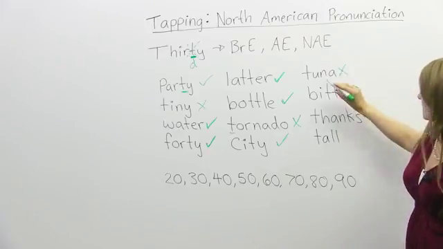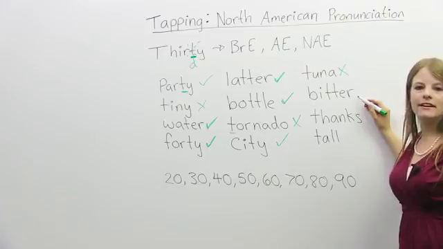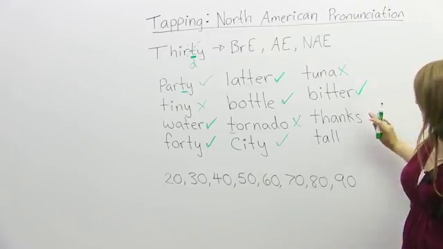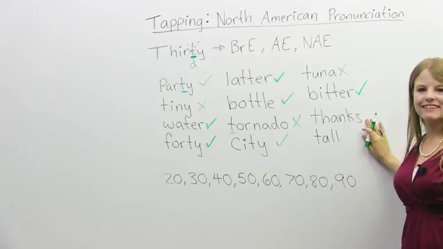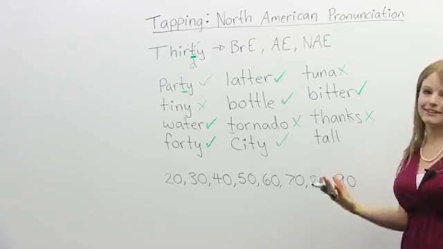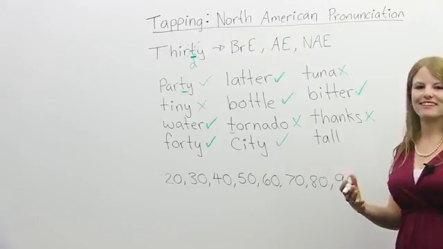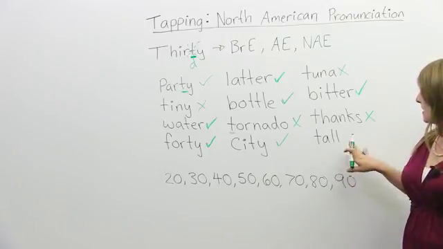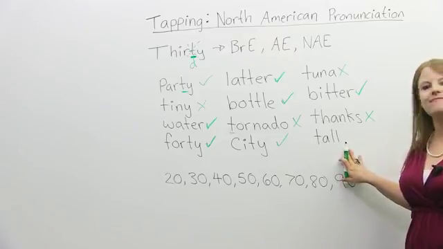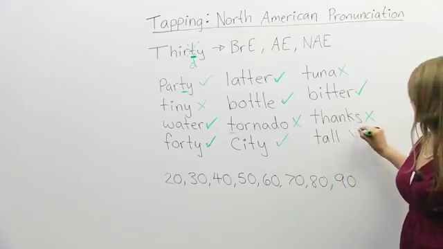No D sound. It sounds like a T. Bitter. D sound. Thanks. Doesn't even have a T sound, actually. It has a th sound, which is a little different. And finally, tall. No D sound either.